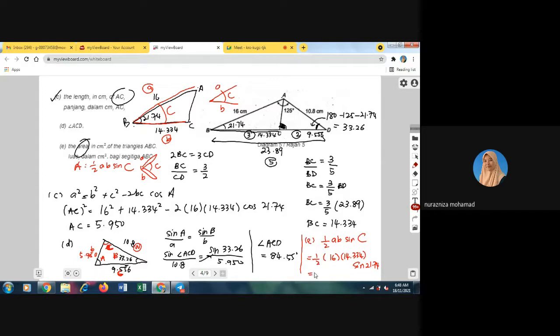So this area is equal to 42.47. So that is for the second part.